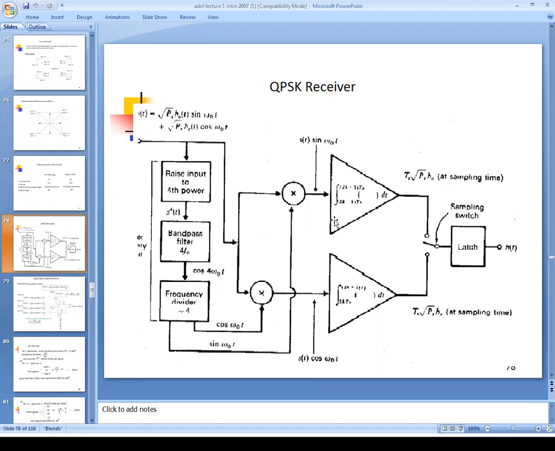So this is one multiplier for even and odd.